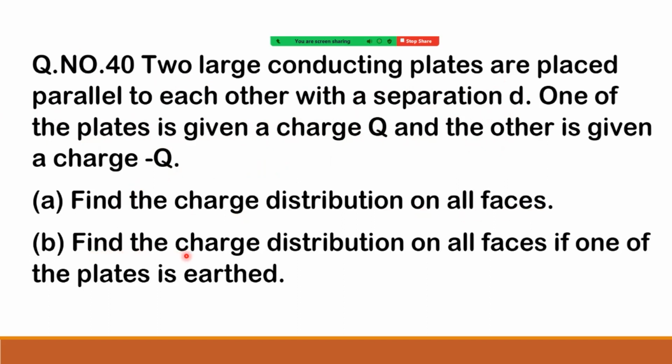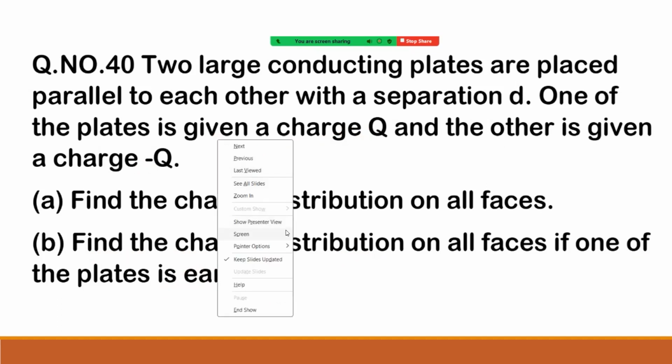Next, find the charge distribution on all faces if one of the plates is earthed. Earthed means grounding, right? Connecting to ground. Right. Given two large conducting plates parallel, charges q and minus q. Right. See how we are solving the problem.